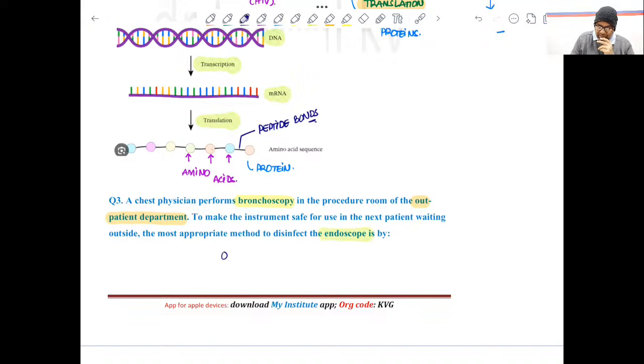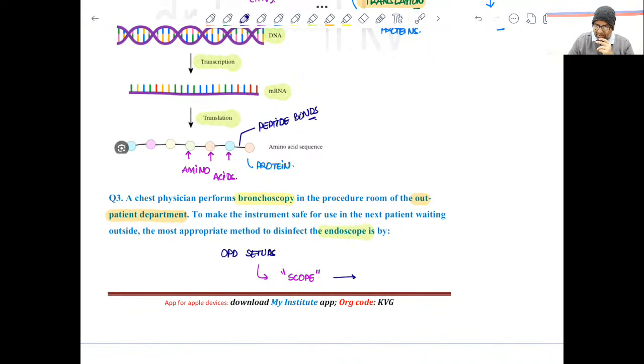And especially in OPD setups where we have to quickly sterilize the instruments, especially the scopes. It can be endoscope, bronchoscope, proctoscope. So all these are best sterilized by 2% glutaraldehyde, that is also known as the Cidex.